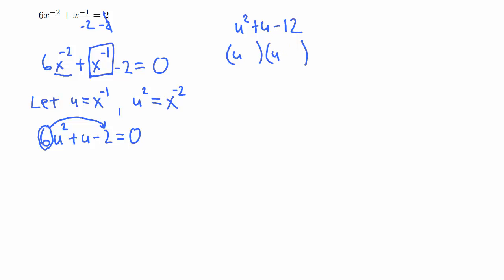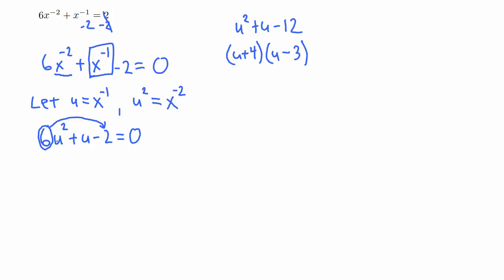This negative means opposite signs. What multiplies to 12 and subtracts to give you 1? Well, that's 4 and 3. And because this middle sign is positive, the larger between 4 and 3 must be positive. So we get u plus 4 and u minus 3.